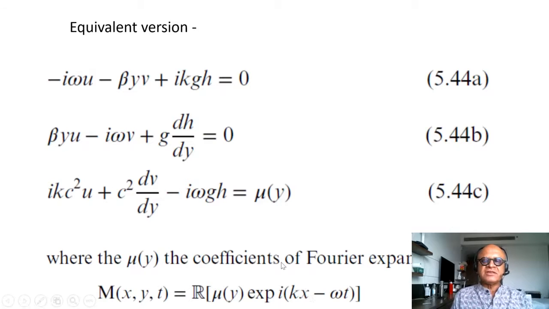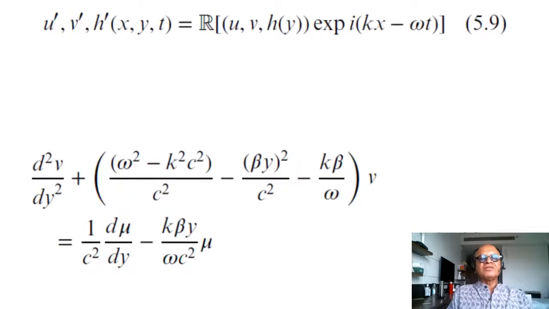So in this case, the source and sink function is just the heating and cooling, right? That's all this is saying. So writing the perturbations again in terms of u v h y, that's what we did in 5.9 when we didn't have vertical structure, and we had a similar equation as this one.